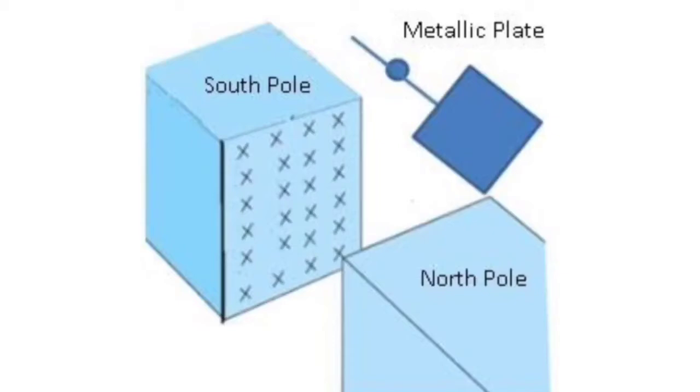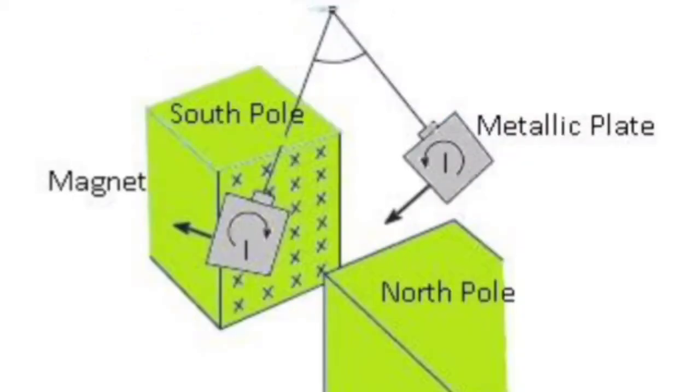We are going to consider a metallic plate which is oscillating in between an applied magnetic field. In the case of induced current through a coil, we kept on moving the magnet placed nearby it. But in this case, our magnets are kept stable and we are moving a metallic plate like a pendulum in between these magnetic poles.